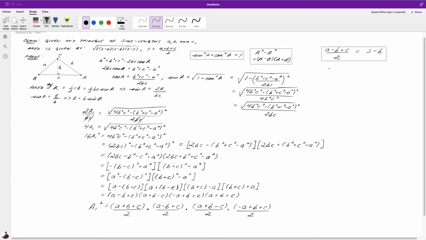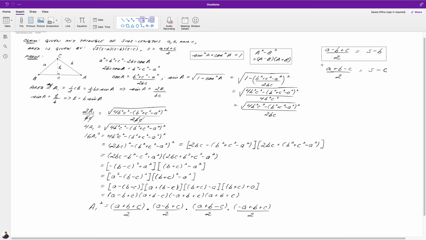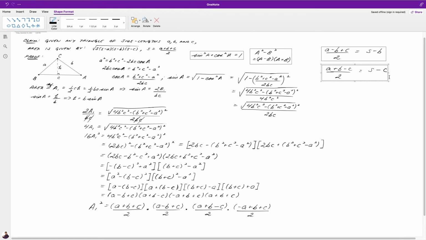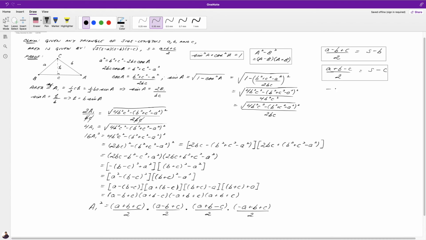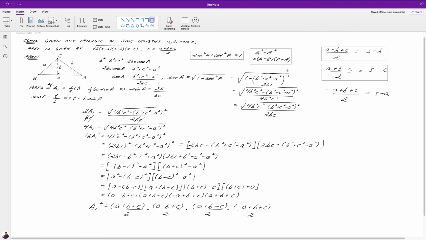A plus b minus c over 2 is just, of course, going to be s minus c. Get that in the box. And then negative a plus b plus c over 2 is just s minus a. So we'll get that in a box.